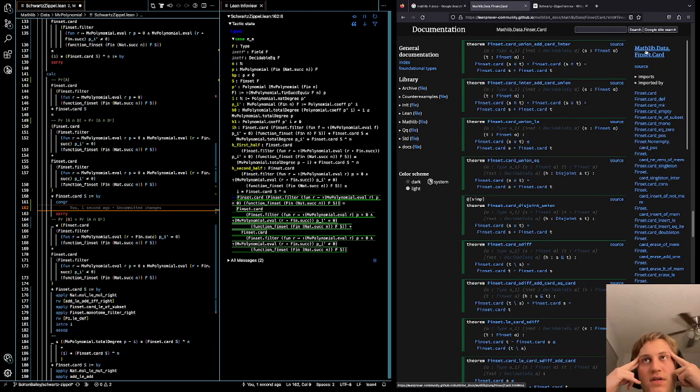Yeah, interesting. It's almost like I would expect this theorem to be written the other way. Wait, what's the difference between this and this? Oh, it's the order in which the card inter is. Okay, that doesn't concern me.